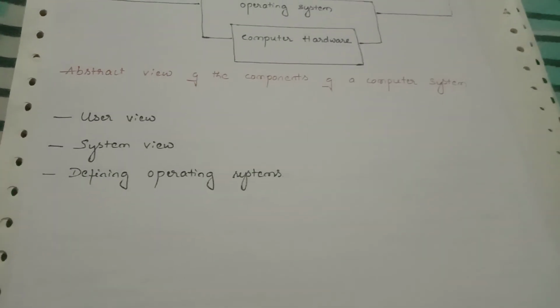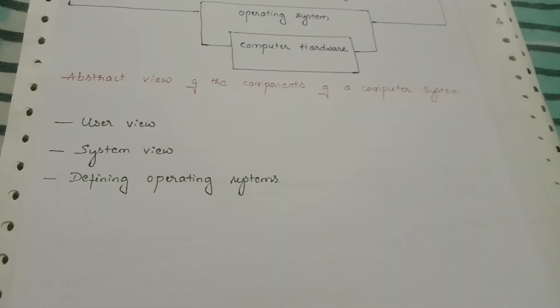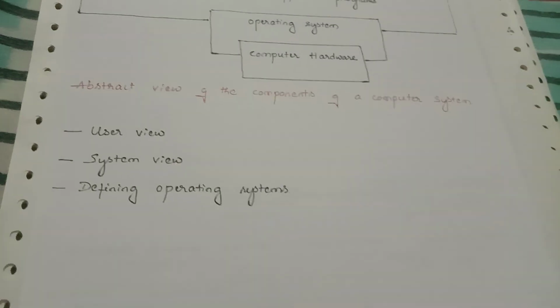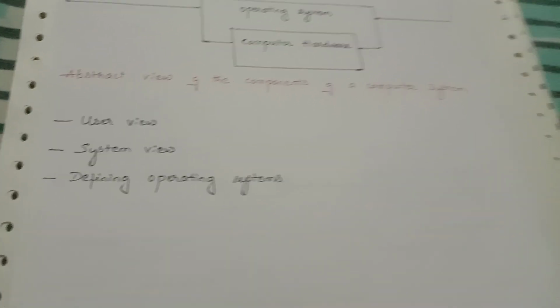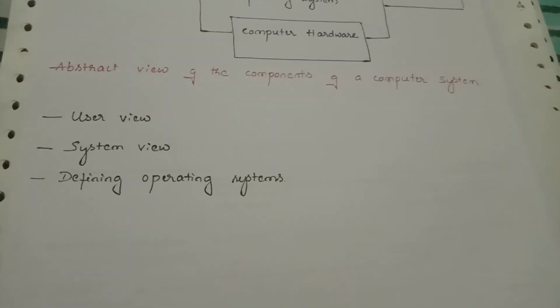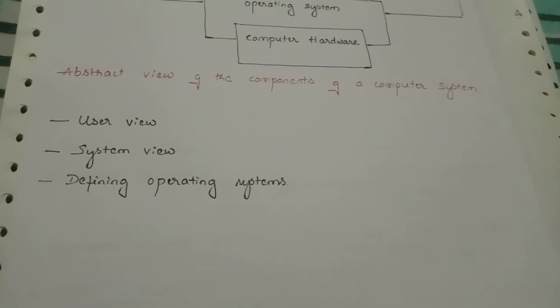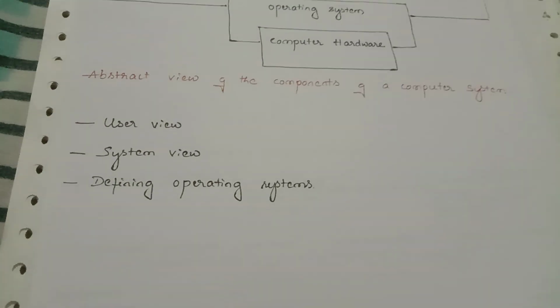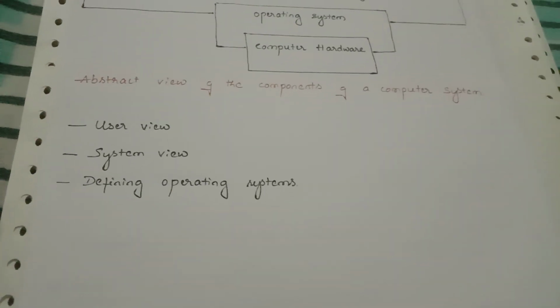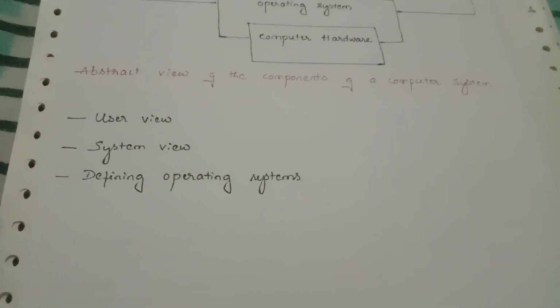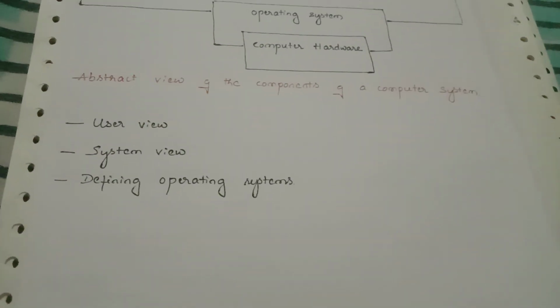At that time, the operating system is designed to compromise between individual usability and resource utilization. In this way, the operating system has to balance the computer being used, the number of users, and the different aspects of computers.